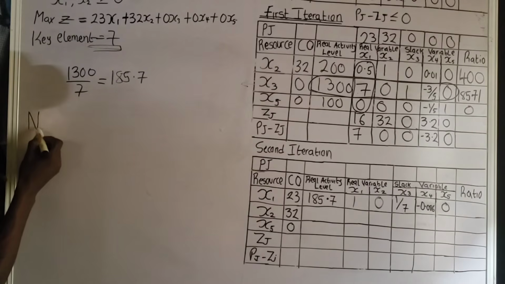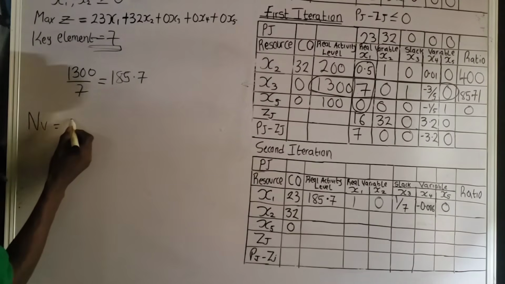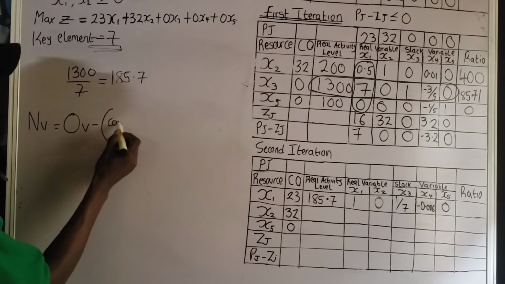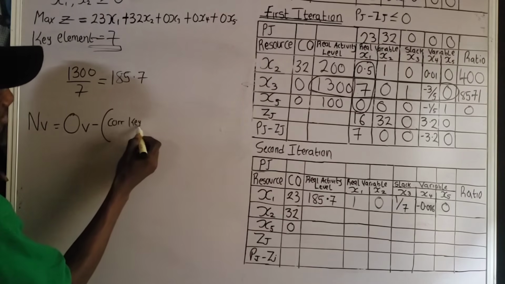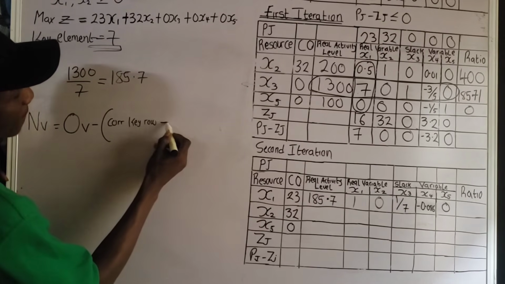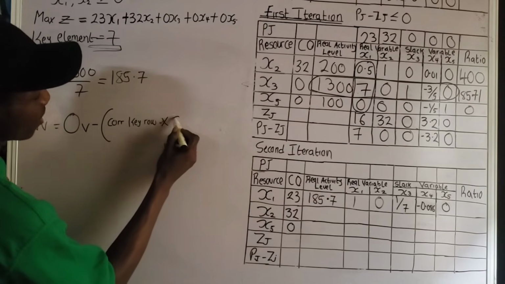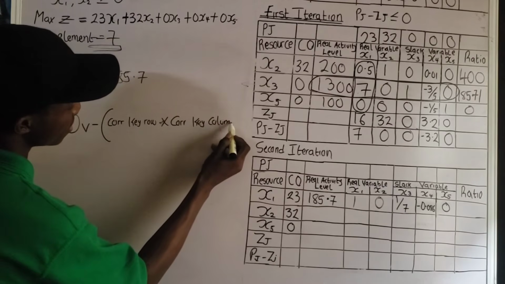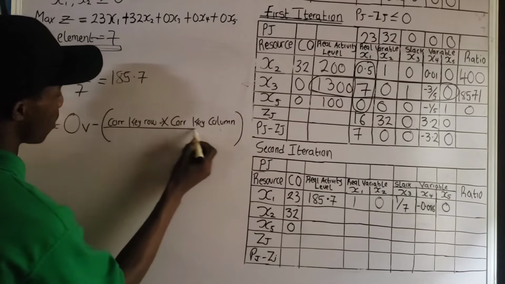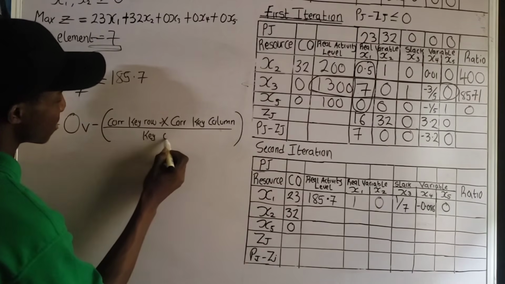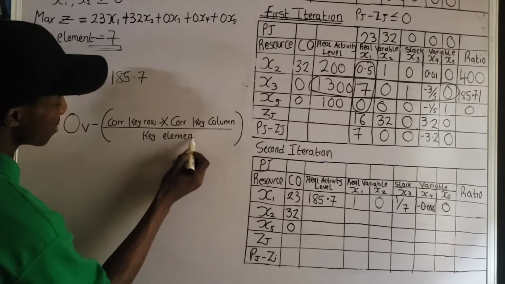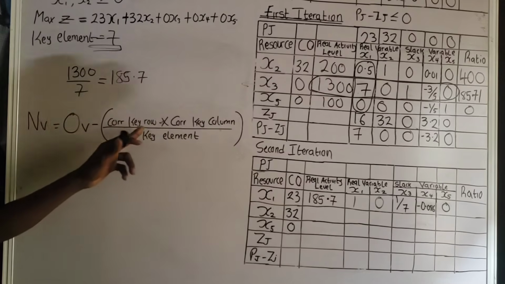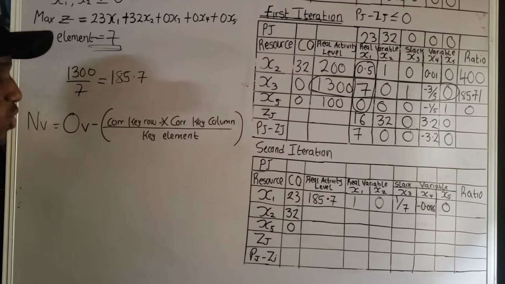The new value, let me represent it as NV, is equal to old value, which is OV, minus the corresponding key row element multiplied by the corresponding key column element, all over the key element.